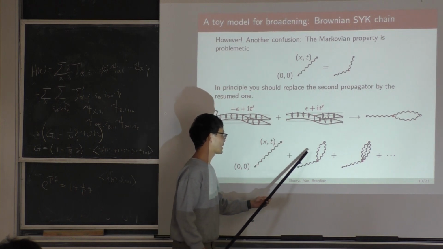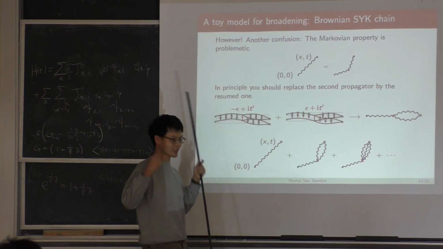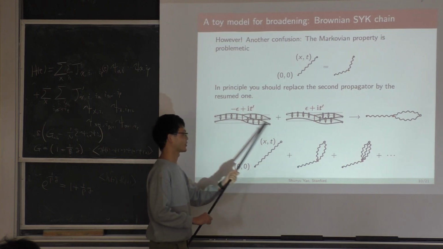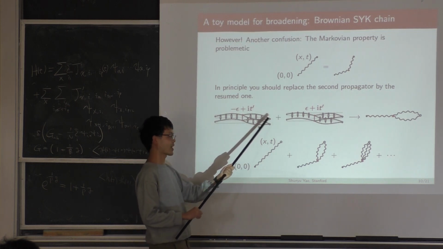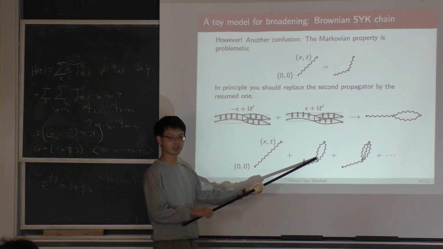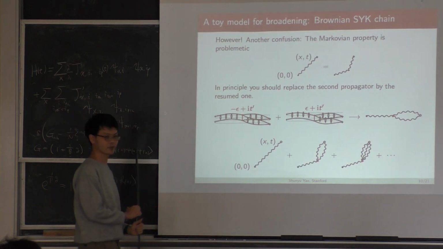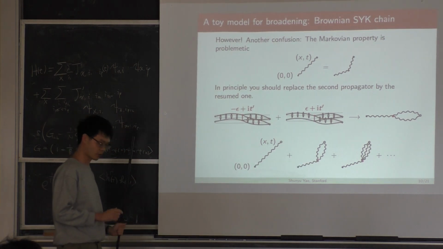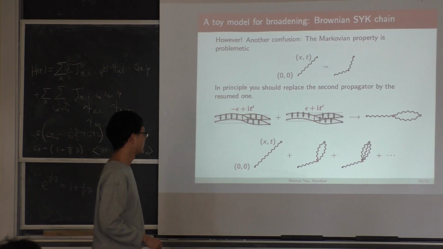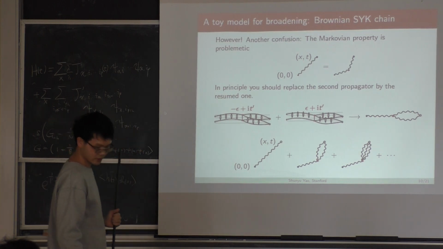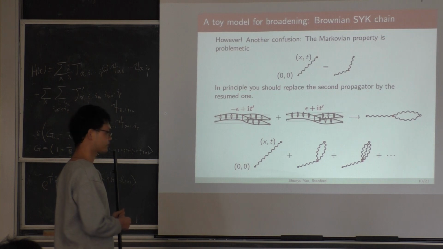But when I draw this diagram, you should keep in mind that this field is not a single field, it's actually a bilocal field. So you have to sum over contours for the intermediate point. That wouldn't be important for the current discussion, but it will be super important soon.